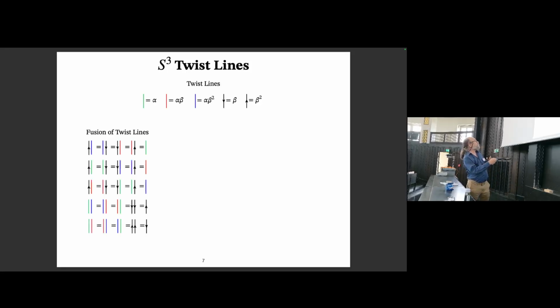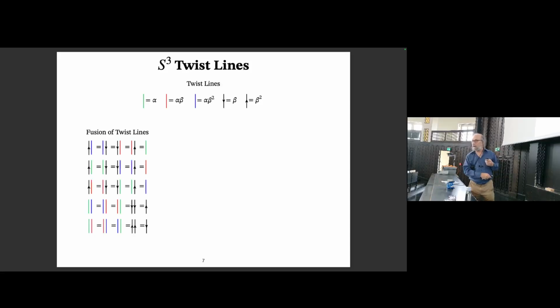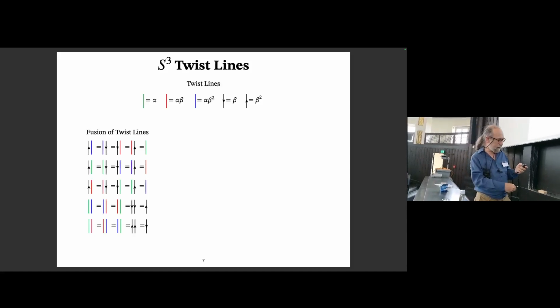So an order 3 guy times an order 2 guy is another order 2 guy. The product of two order 2 guys is an order 3 guy. And the square of an order 2 guy is the other order 2 guy. Right? So that's the group multiplication law.